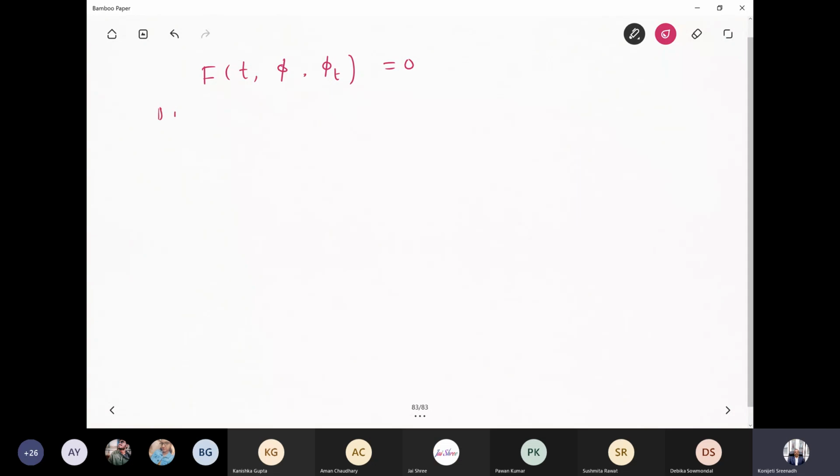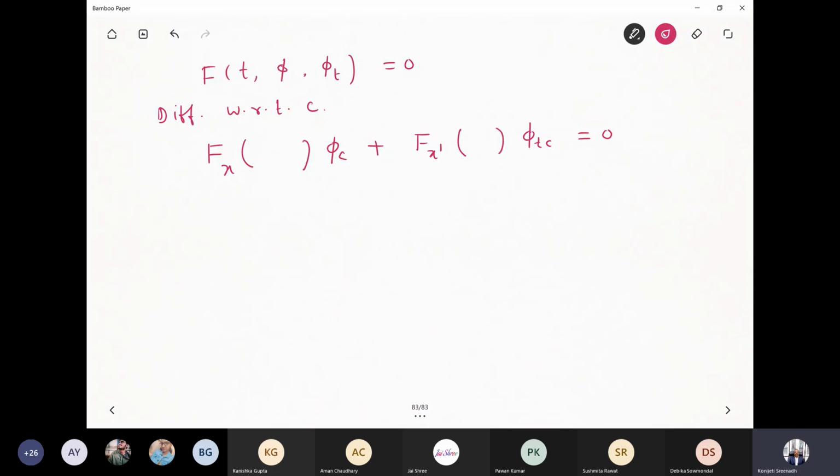Now differentiate this with respect to c. By the chain rule in multivariable calculus, I get f_x times phi_c, plus f_x prime times phi_tc, and this equals 0.